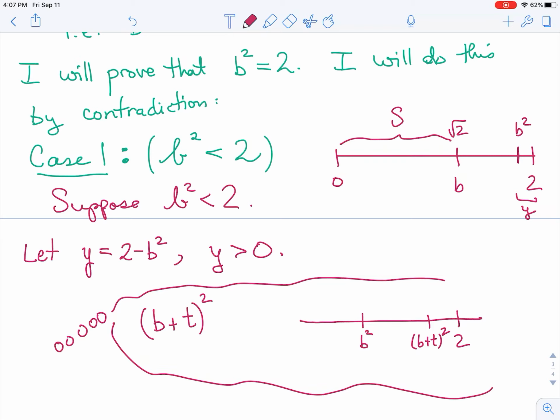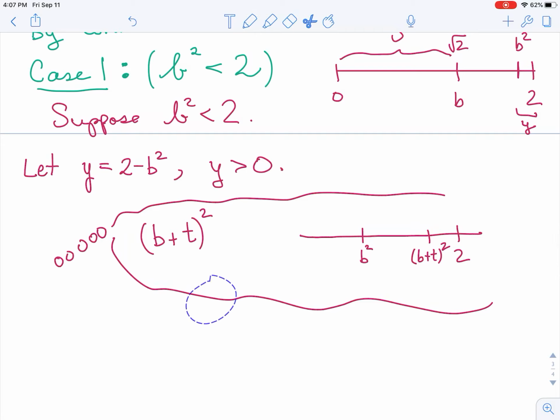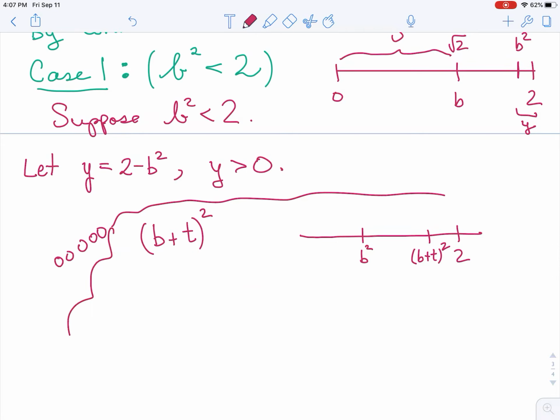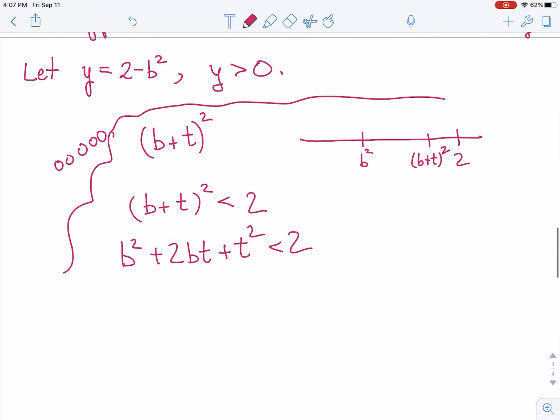And so I'm thinking that I could add a tiny bit. Let's work that out. Let's see what I need. So my idea is that I could somehow find a number t that works. What would that mean? If I wanted b plus some tiny number, squared, to be smaller than 2, what would I need? Well, that's b squared plus 2bt plus t squared, and I want that to be smaller than 2.